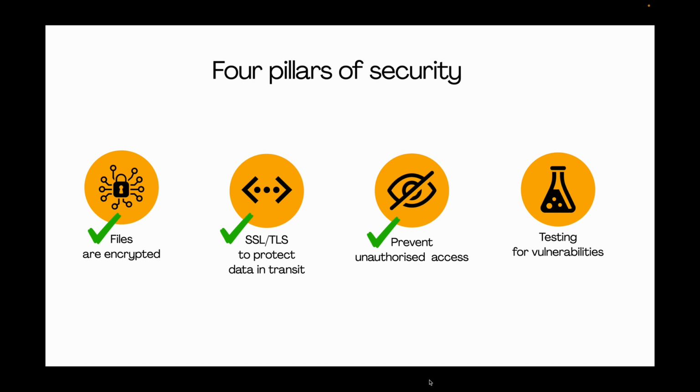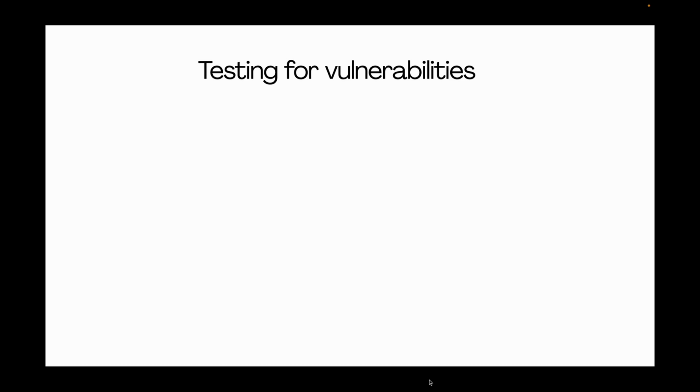The last point concerns how we can find potential vulnerabilities during the lifespan of the application. In other words, what should we do regularly to ensure that users' data is safe? The first point is data income.